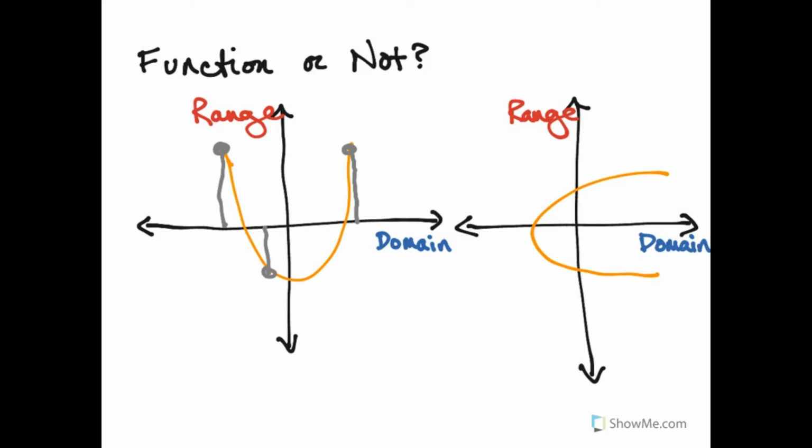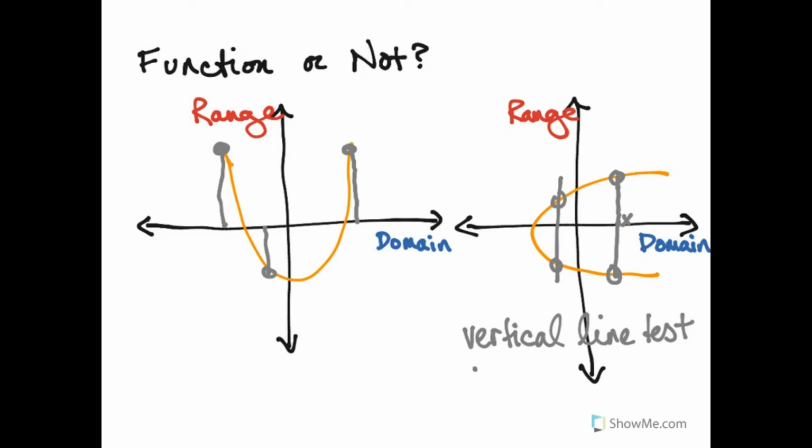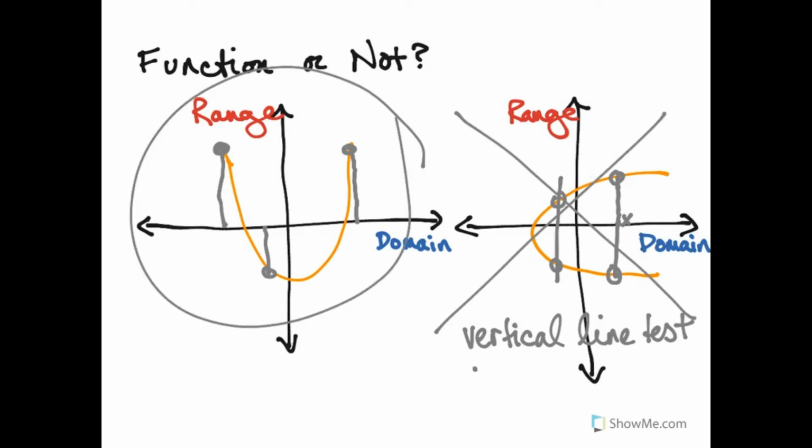On the other hand, on the right here, a line drawn from x will intersect the graph in 2 points, so this particular x right here has 2 different outputs in the range. That makes it not a function. This test of checking to see if an x has more than one output is called the vertical line test. If a vertical line goes through the graph at more than one point, it's not a function. So no over here and yes over here.